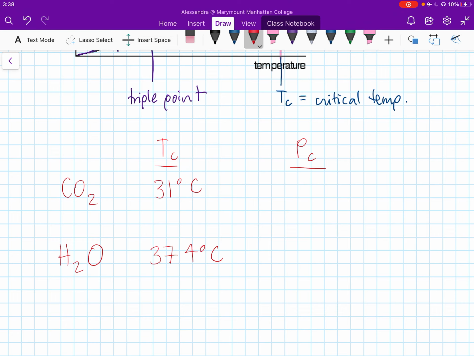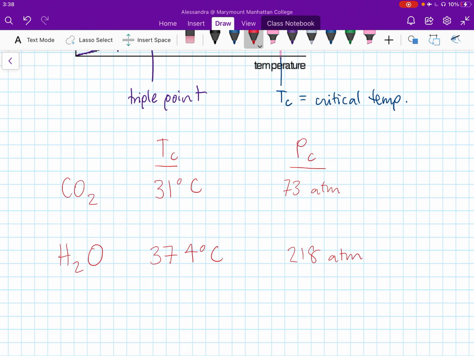What that means is that above 374, you cannot liquefy water. Okay, it's going to be water vapor only, no matter what pressure you apply. And the corresponding critical pressures are 73 atmospheres for carbon dioxide and 218 atmospheres.